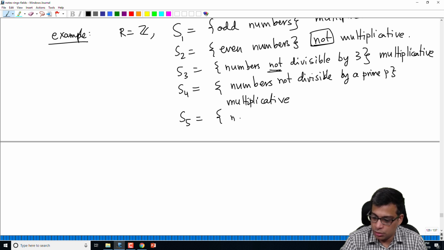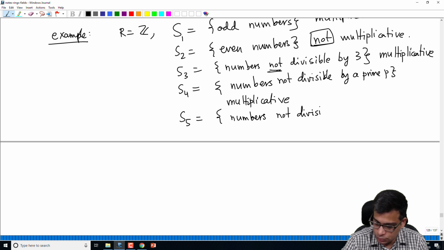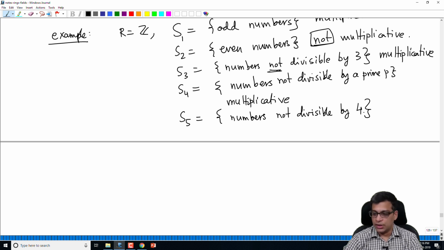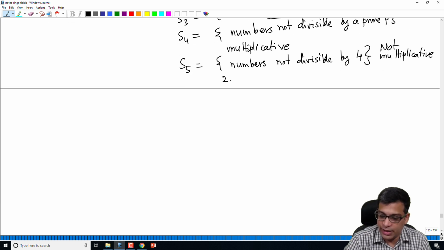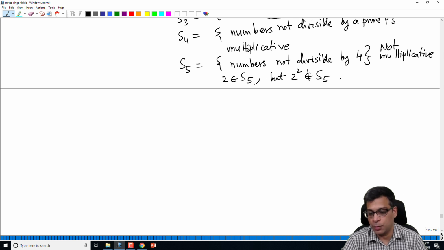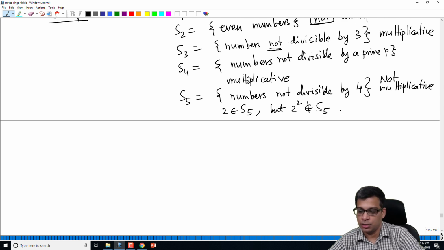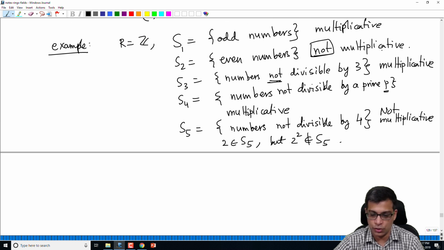What about numbers not divisible by 4? Say S5. This is not multiplicative, because 1 is there, that's fine, but 2 is in S5, but 2 squared is not in S5, because 2 is not divisible by 4, however 2 times 2 is divisible by 4, so it's not in S5. So this is why you need a prime number in this case. Okay, so 4 is not prime, so this is not going to work.